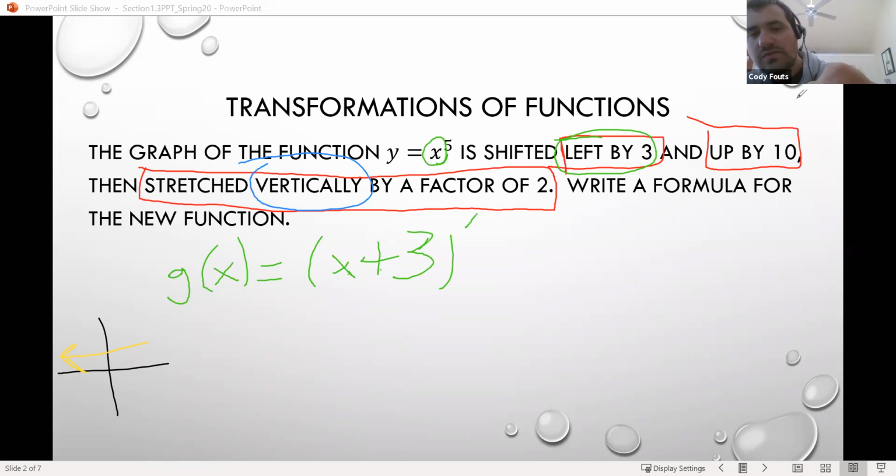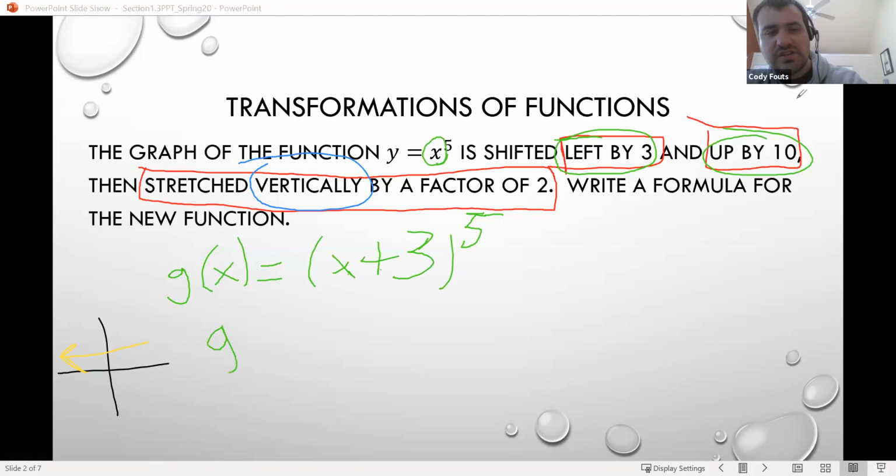Okay, and that's now raised to the 5th power. So that is how we deal with that. Okay, so it goes on the inside and it adds instead of subtracting. All right, next we're going to look at what happens when we shift up by 10. So that's shifting up and down on the vertical axis. So that impacts outputs, which means this is going to be on the outside of the function.